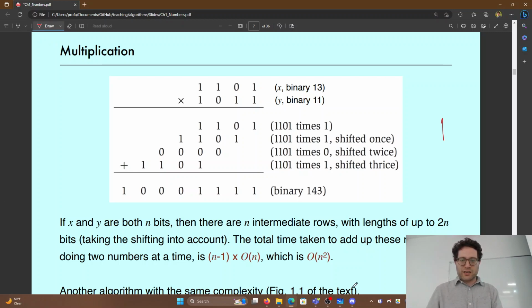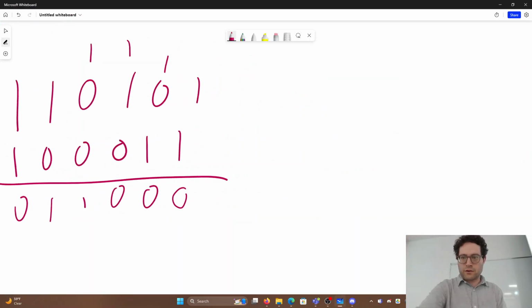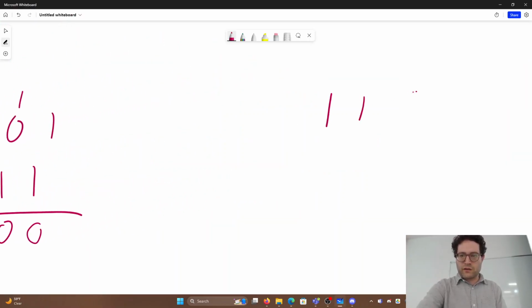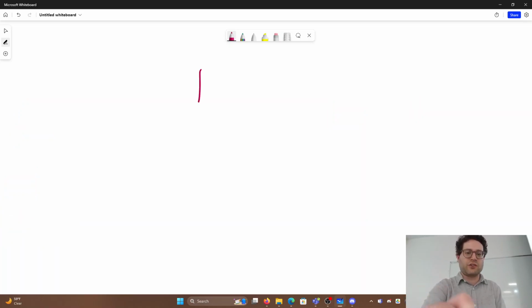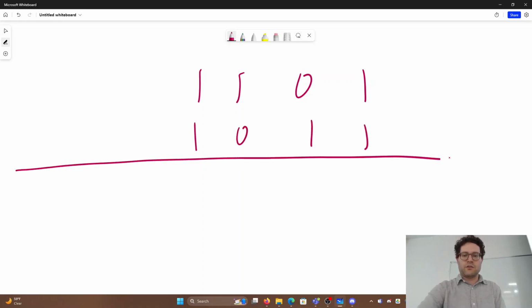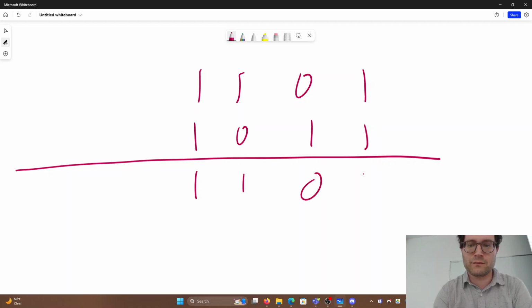So for multiplication, let's do it in binary: 110 times 1011. Doing that by hand is a lot easier than doing decimal digits. Again, we're working in binary because it's simpler. Multiplying this entire thing by 1 is very simple.